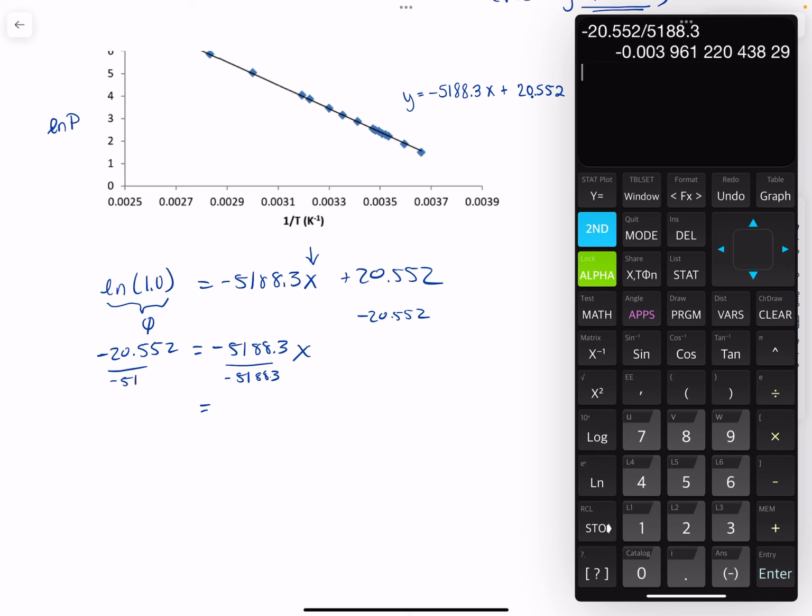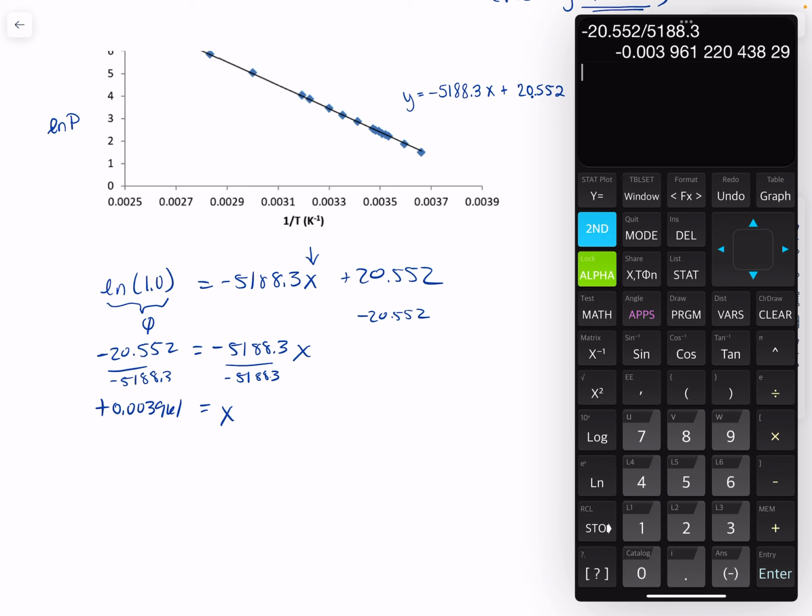I didn't write down my negatives. My negative went away, even though my calculator is saying it's in there. I just didn't put that negative in front of that 5188 number. So I'm getting that x is 0.003961. Sorry, it's positive because both negatives go away.